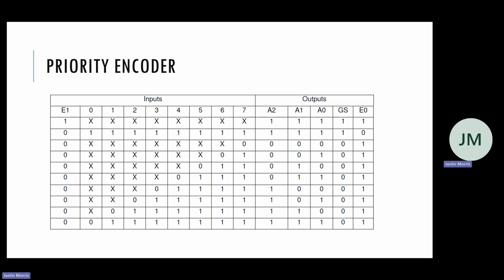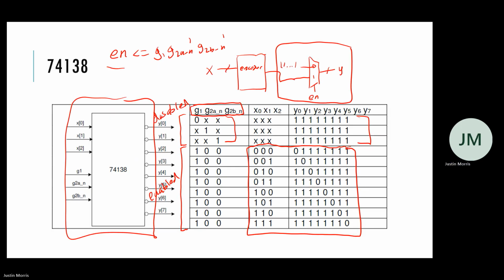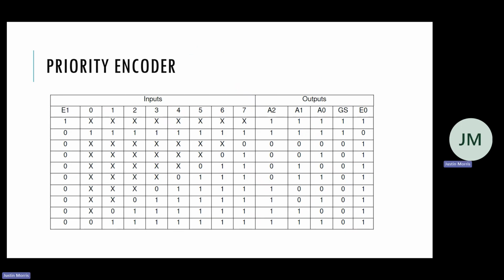But before, if we go back, if we have 0 as our inputs, we set only this one to be 0. All the rest are ones. So this one is the opposite.